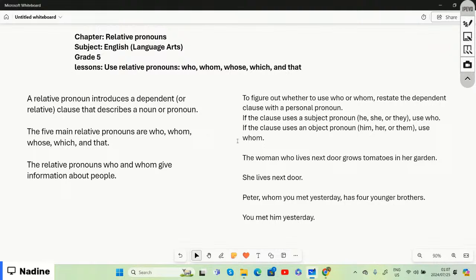When it comes to relative pronouns, a relative pronoun introduces a dependent clause, or a relative clause, that describes a noun or a pronoun.